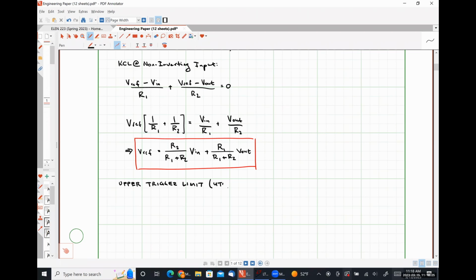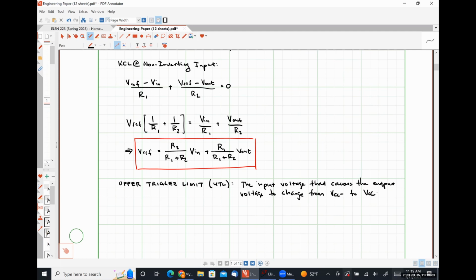Or UTL is the input voltage that causes the output voltage to change from VCC minus to VCC plus, right?